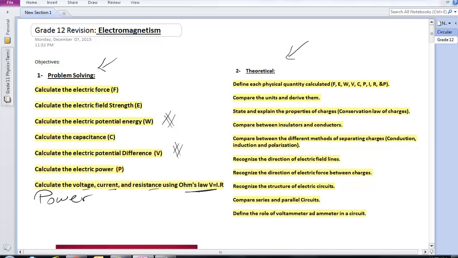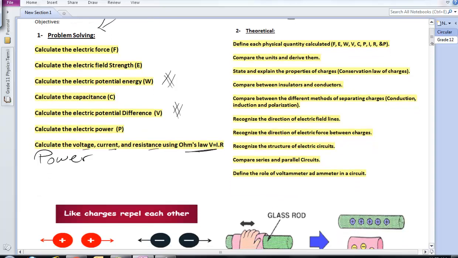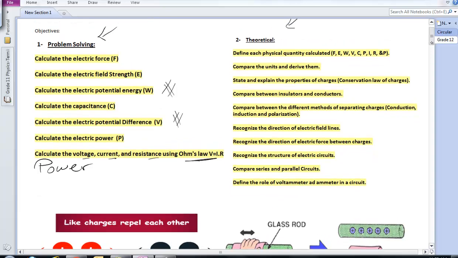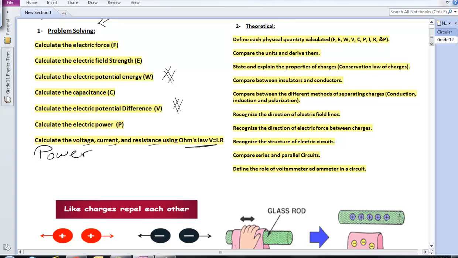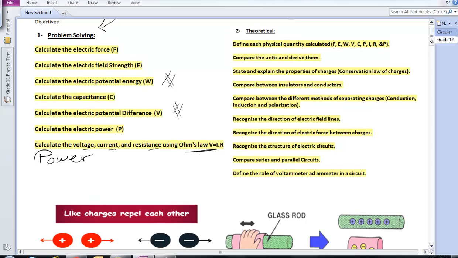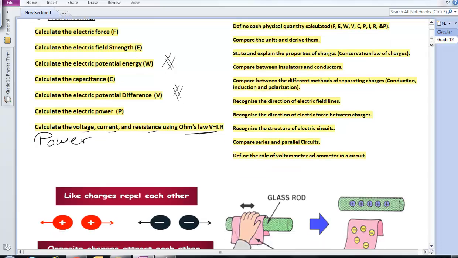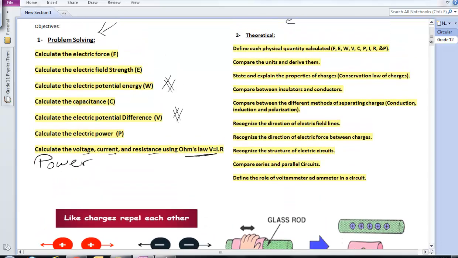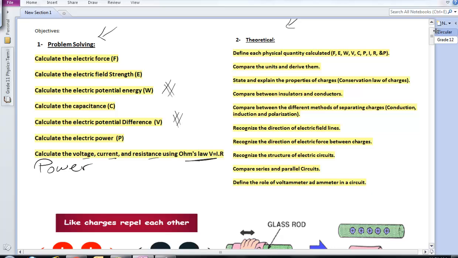But today we are going to focus on the theoretical part, and the theoretical part includes many questions such as fill in the blanks or multiple choice questions. So you need to be able to define most of these physical quantities, and also to be able to discuss and explain some ideas related to the theoretical part.